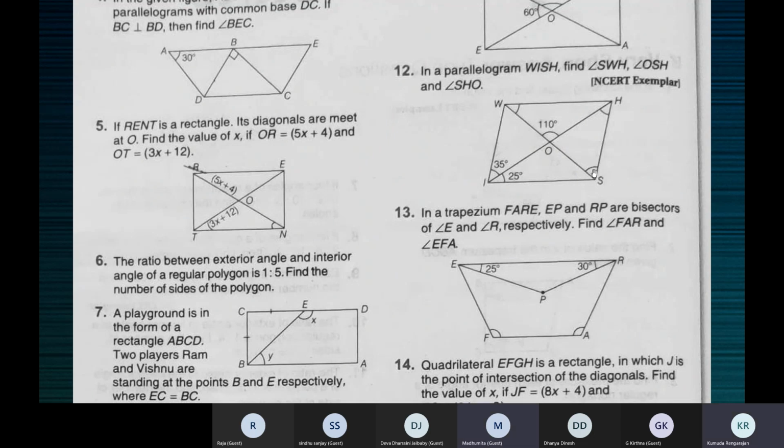No. It doesn't come in the Z. Ma'am, is S 110 degrees, ma'am? S is 110? Yes, ma'am. Cannot be.